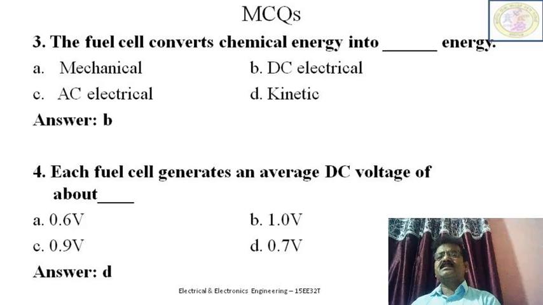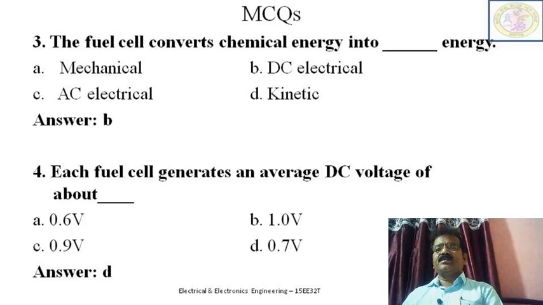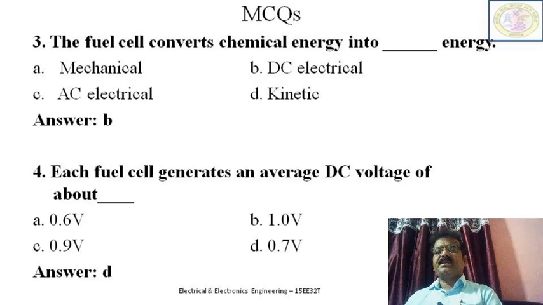The fuel cell converts chemical energy into DC electrical energy. So the correct answer is B, DC electrical energy.